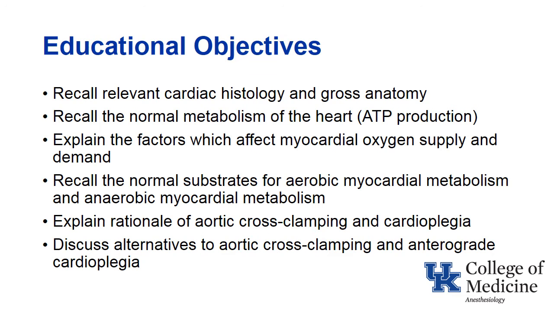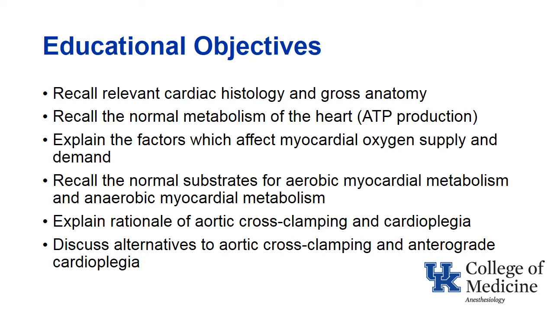The educational objectives of this podcast are as follows. First, to be able to recall relevant cardiac histology and gross anatomy as relates to the topic. Second, to recall the normal metabolism of the heart, that is ATP production. Third, to explain the factors which affect myocardial oxygen supply and demand.